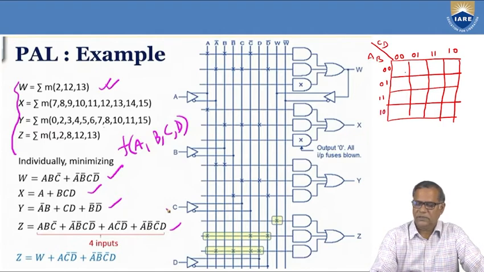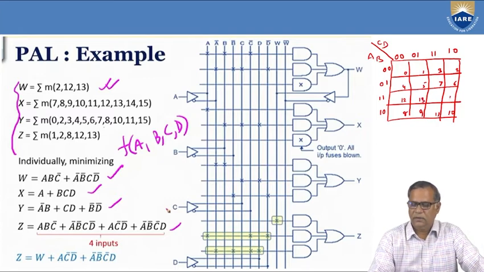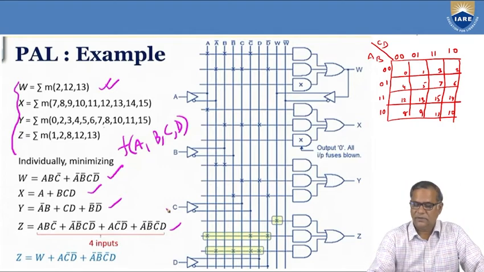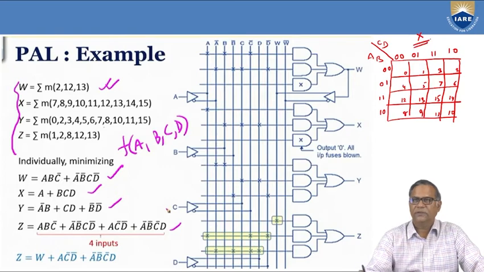This corresponds to decimal numbers 0, 1, 2, 3, 4, 5, 6, 7, and of course 8, 9, 10, 11, 12, 13, 14, 15. Now I am going to show you the simplification for X.